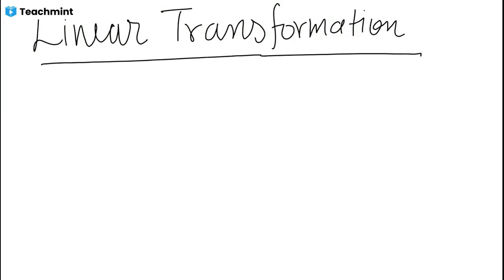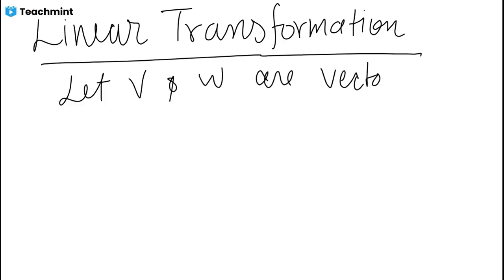Linear transformation is a mapping. Let V and W be vector spaces.